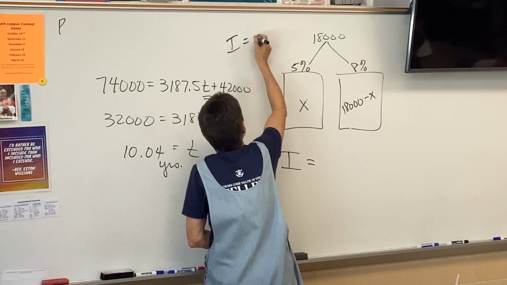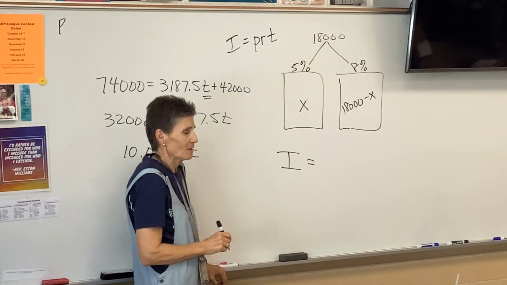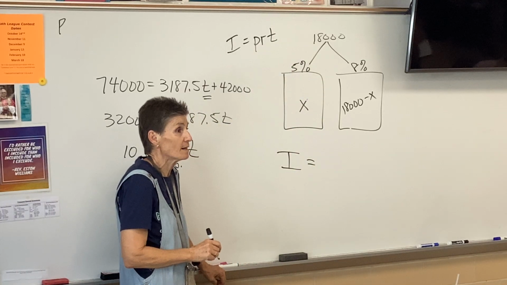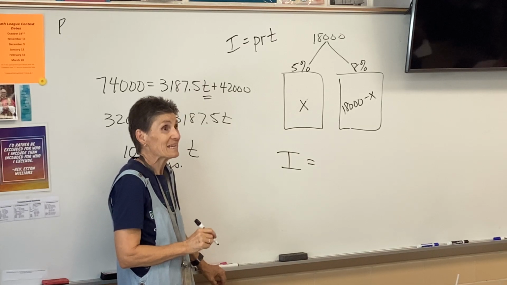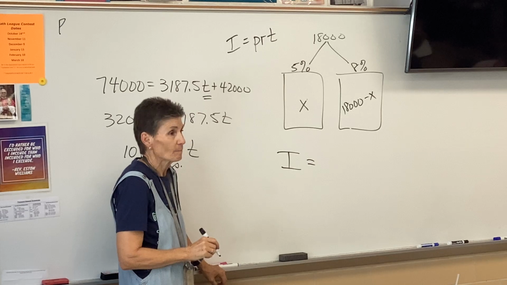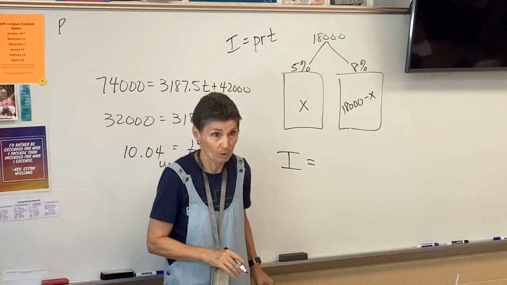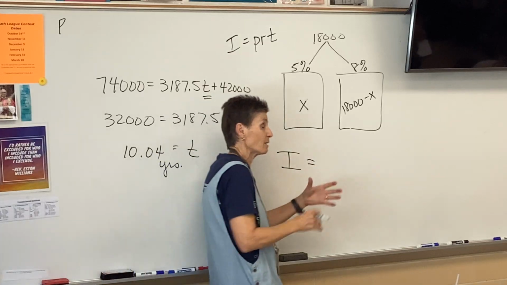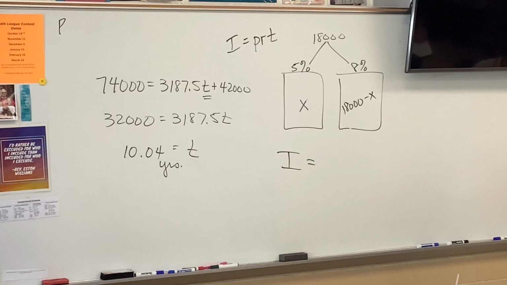What does the P stand for? It stands for the principal, the initial value. So if you walk down to the bank with $18,000, that's your principal. That's your P. R is the interest rate as a decimal, and then T is time.